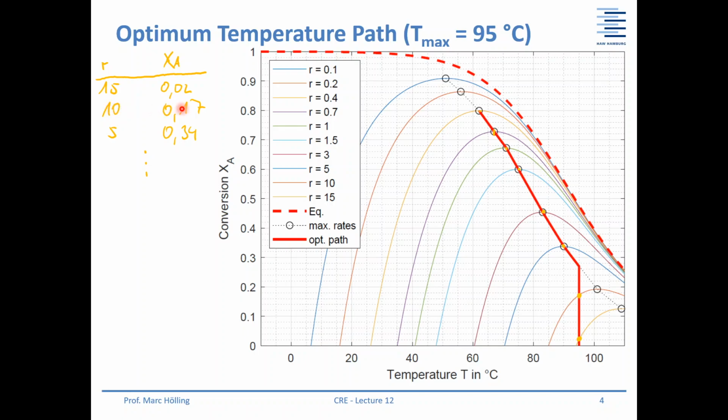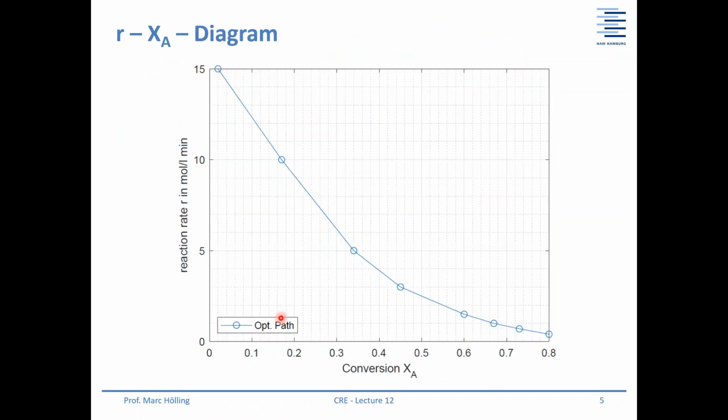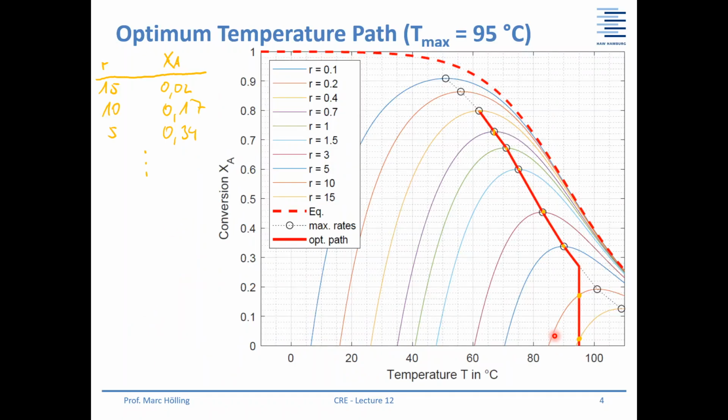Then the next one is 10 and 17% conversion. So 17% conversion is here, and then you have a reaction rate of 10. So not very complicated. And then you go down to a conversion of 80%, where you have a reaction rate of 0.4. So let's have a look here. The yellow line, there it's 0.4.